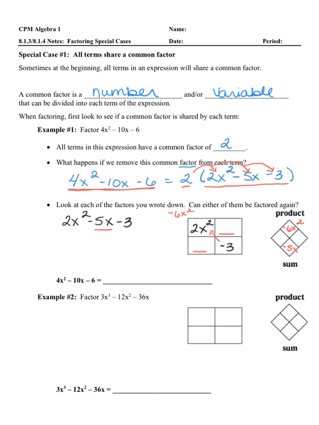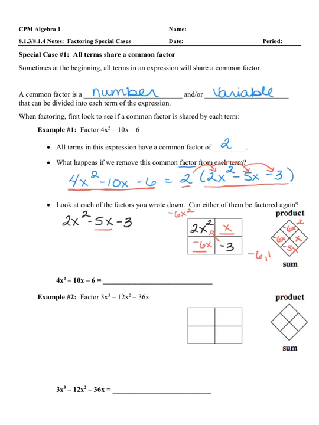The pair that's going to work for us is negative 6 and positive 1. Negative 6x times x will give me a negative 6x squared, and negative 6x plus x will give me a negative 5x. So negative 6x and positive x are the remaining 2 terms that I'm writing in my area model.